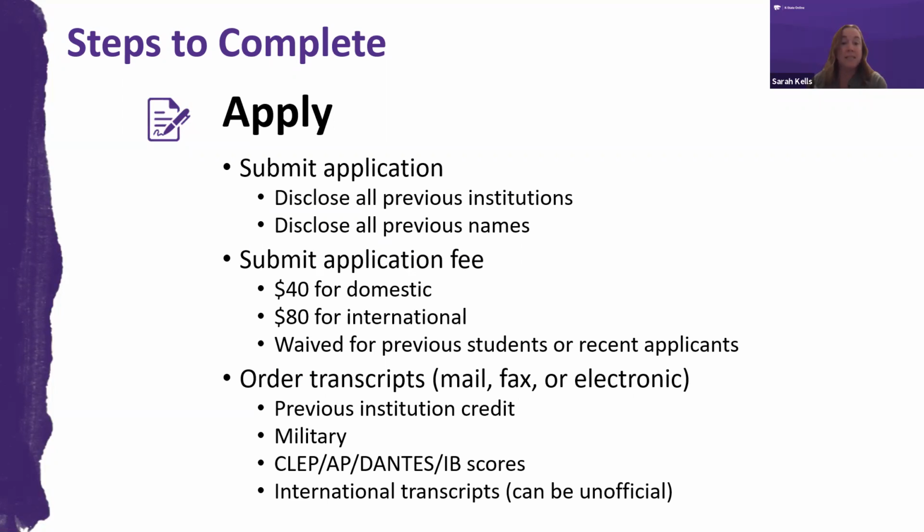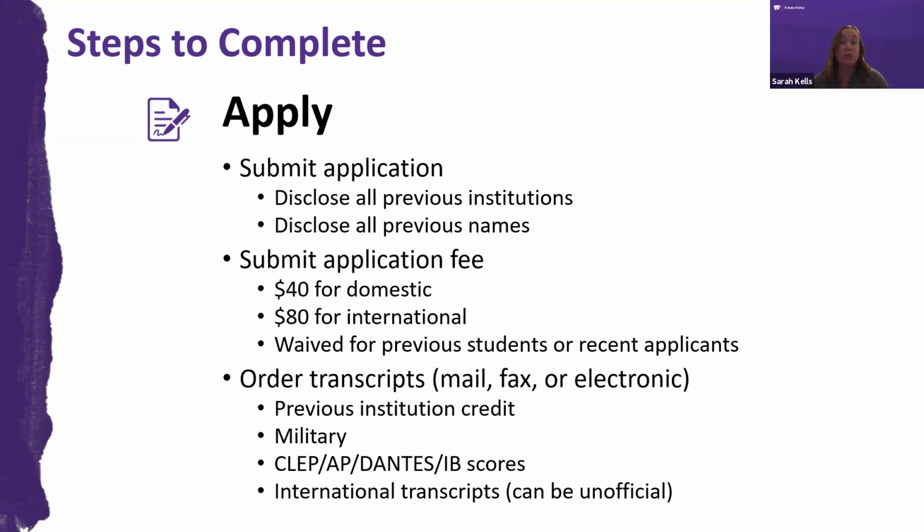And again, this can be carried forward if you happen to apply to K-State previously within the last year. You can use that going forward in future semesters if you change your mind. Also, if you're a previous student from K-State and you enroll in classes and take some time off, your application fee will always be waived anytime that you decide to return to the university to continue your undergraduate degree.